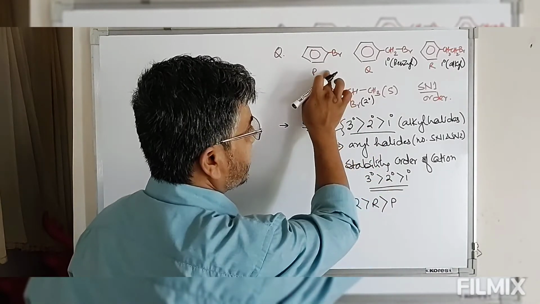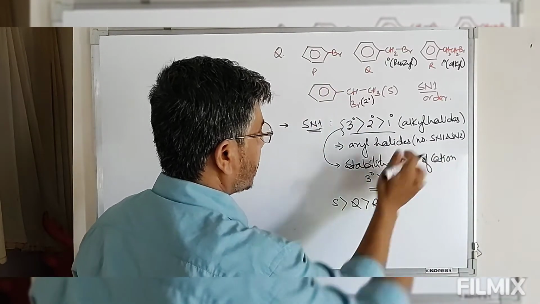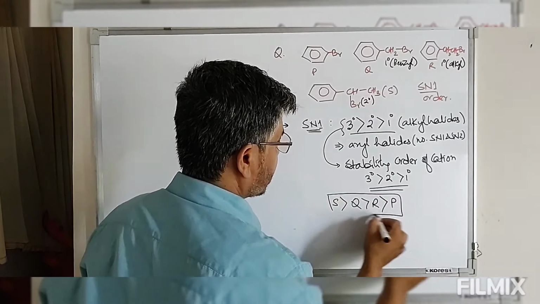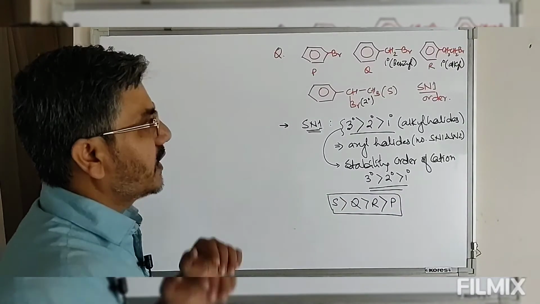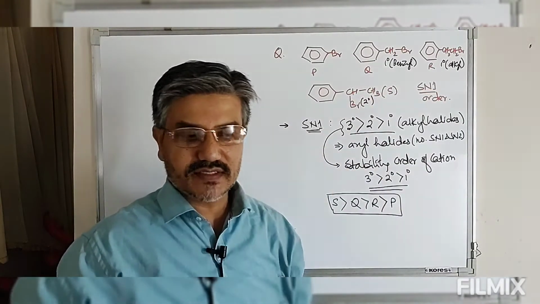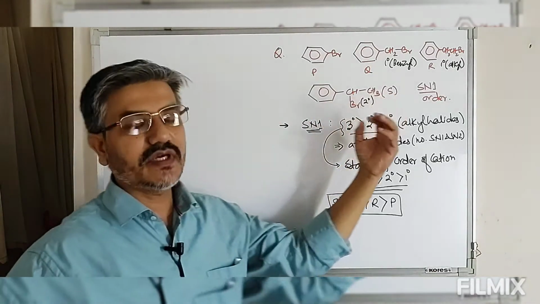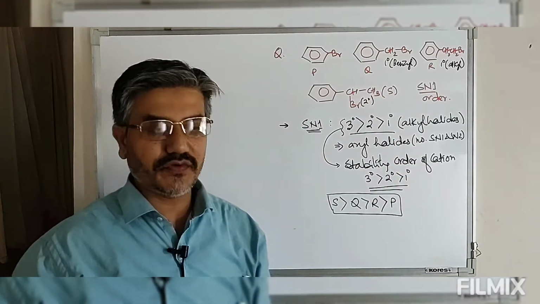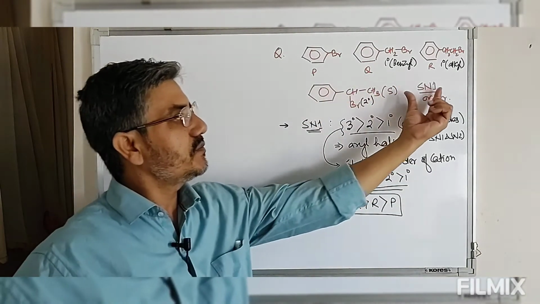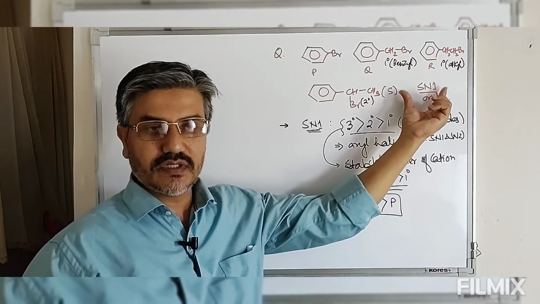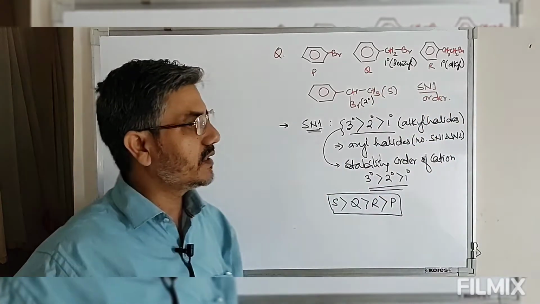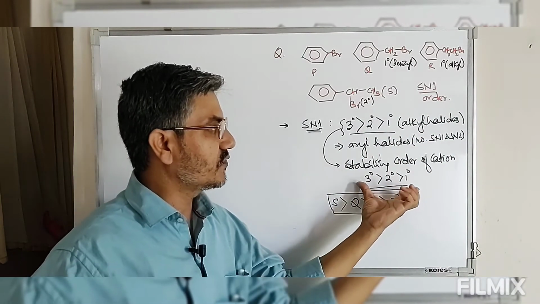P is aryl halide, so aryl halides do not undergo reaction by SN1 or SN2. So whenever the mechanism is mentioned to you, based on this mechanism we have to follow the order of reactivity. The mechanism being SN1, substitution, nucleophilic, unimolecular reaction, proceeds via formation of carbocation.